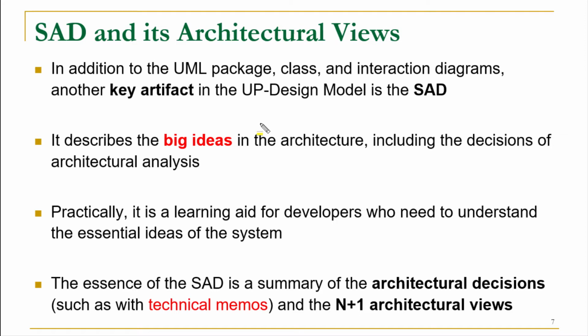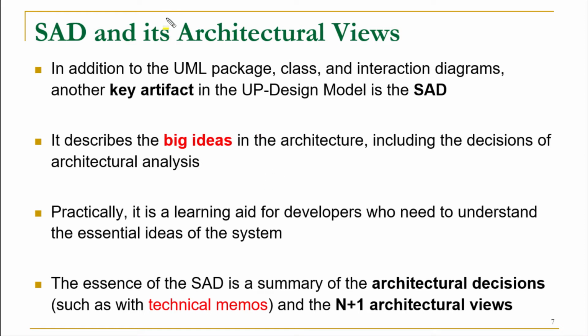The SAD has some views also. Our system may be so huge that its representation, the structuring and organization, will definitely be huge. So whenever something is very huge, we try to break it down and see a smaller portion of it. This helps us overcome the complexity.